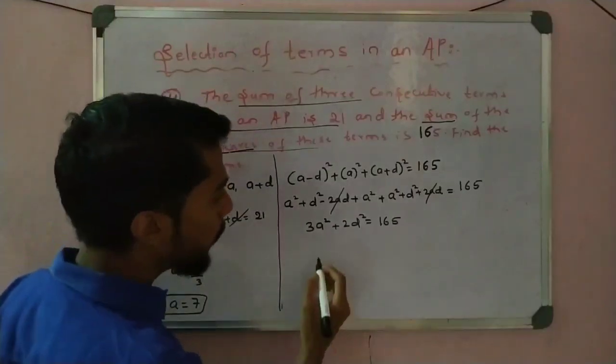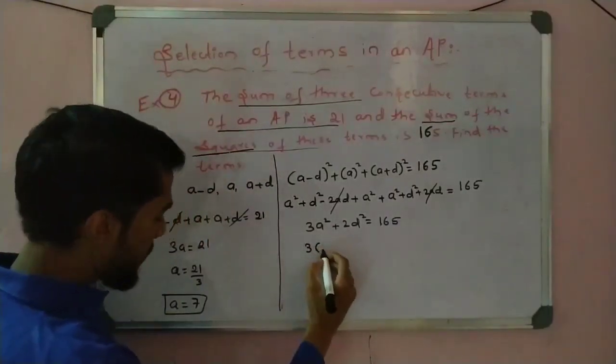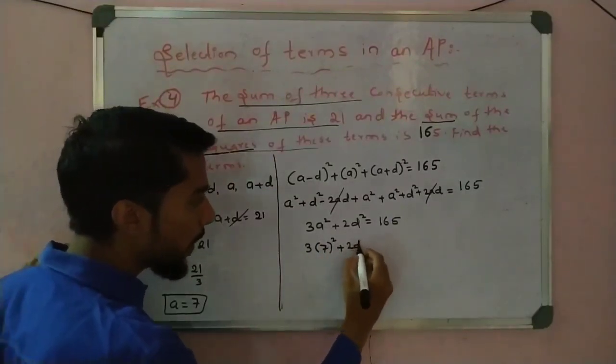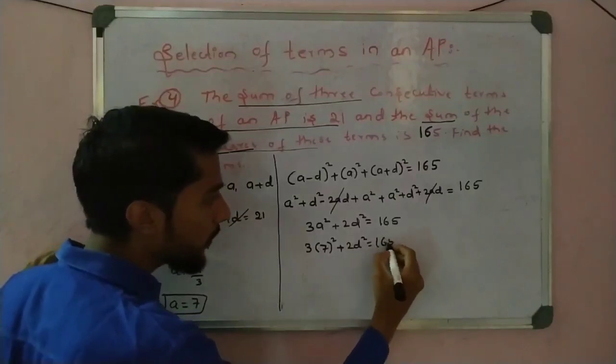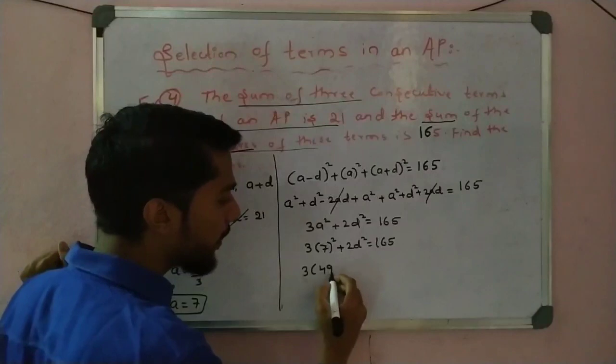Clear? Now let us put the value of a here, so we get the answer. So what is a? 3 times a square, with a nothing but 7. So 3 times 7 square plus 2d square is equal to 165. Okay, now what is 7 square? That is 49.